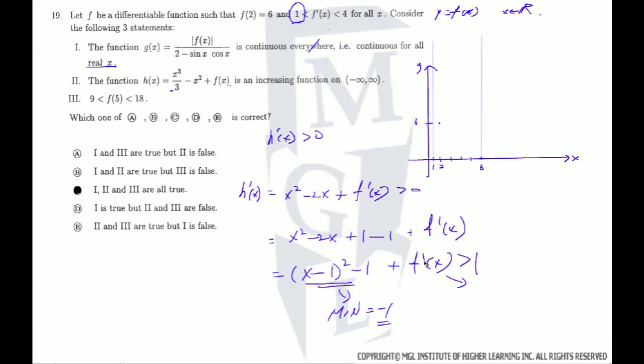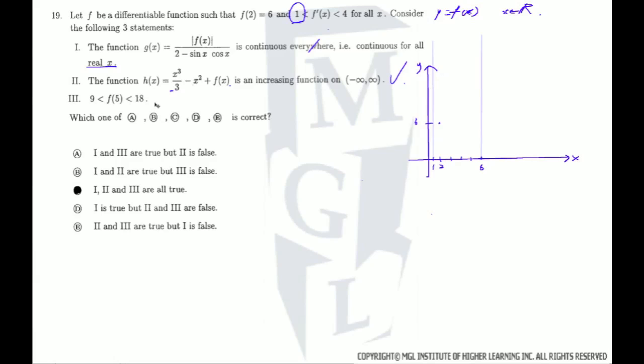If you add these two, clearly it's always going to be positive, right? It's going to be some small number that's positive. So I've just shown that h prime is always positive. Therefore, it's always increasing. Okay, so this statement is also true.